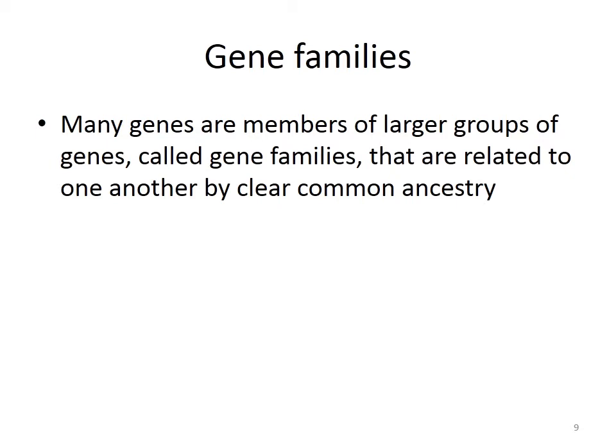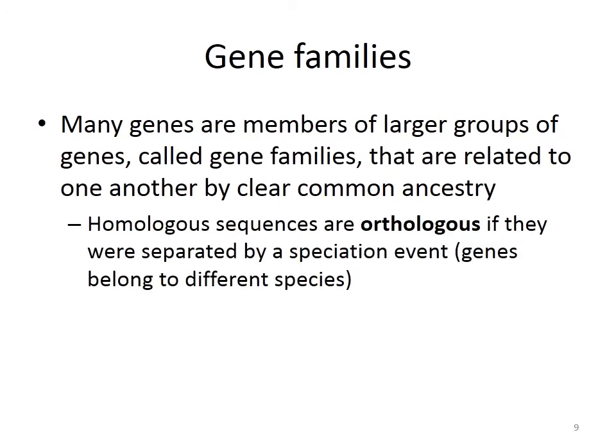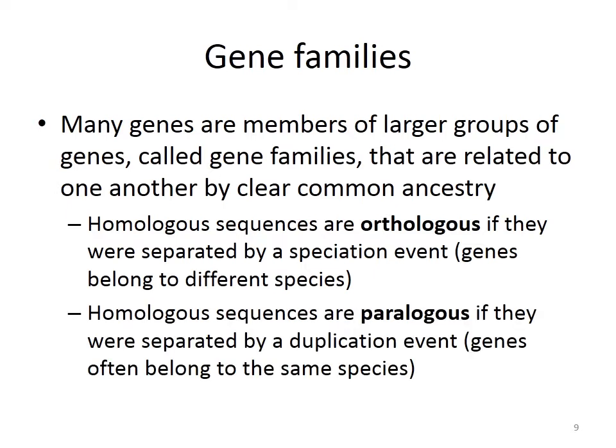Gene families: many genes are members of larger groups of genes called gene families, and they can be related to one another. Homologous sequences are orthologous if they were separated by a speciation event. Right? The genes belong to different species, they're part of the same gene family, and they're separated by that speciation event.